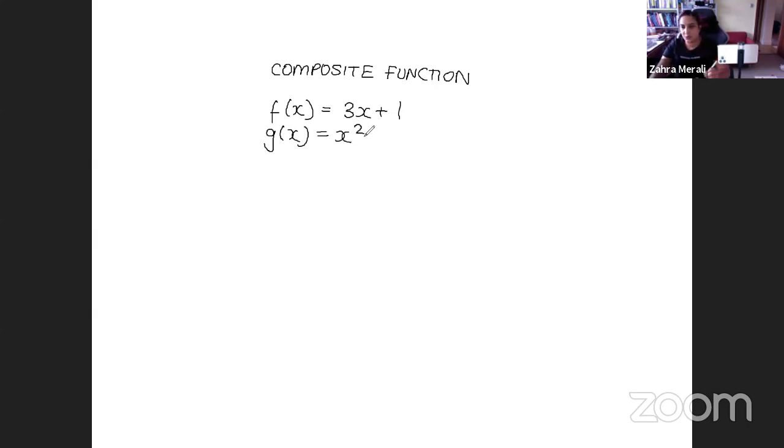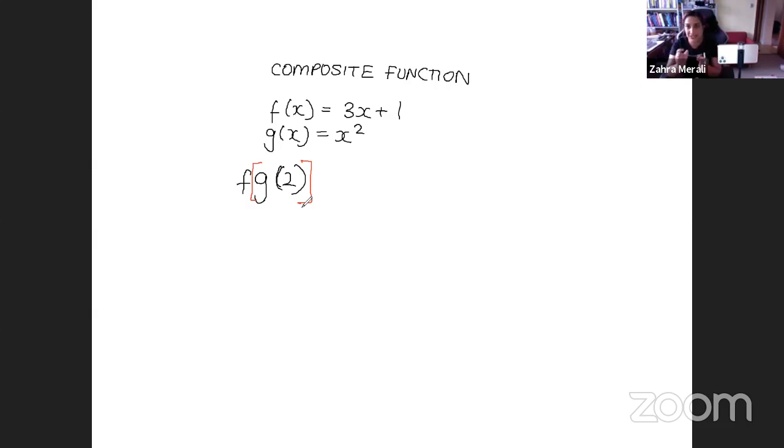Right, so when we have fg(x), if I was going to write what is fg of 2, what I'm doing first is, it's like having a bracket here, and I'm doing g of 2 first, meaning I'm putting 2 inside of g.